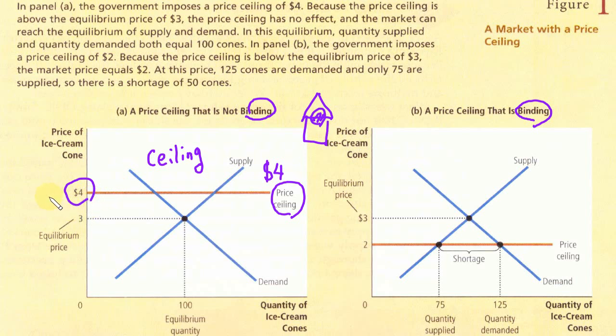So we fix the price at $4, but according to supply and demand, if the equilibrium is established at $3, this is the market price.